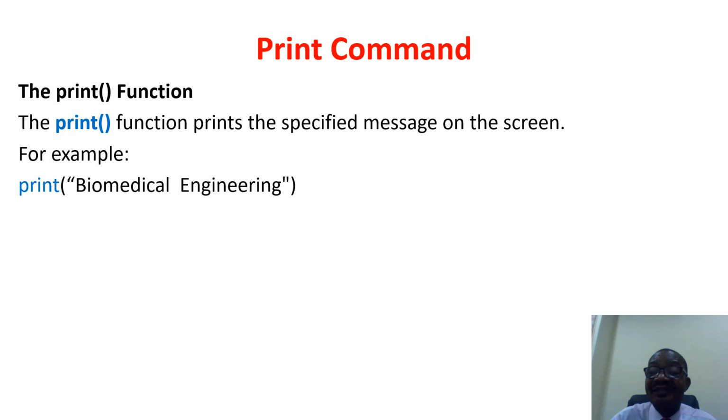Now let's talk about the print command. The print command is one of the simplest commands in Python. It normally comes with parentheses. The function prints a specific message on the screen. So when you write print, put your parentheses and inverted commas, biomedical engineering, and you run the code, it will just print biomedical engineering. So the print command is very useful in displaying the output of your code.